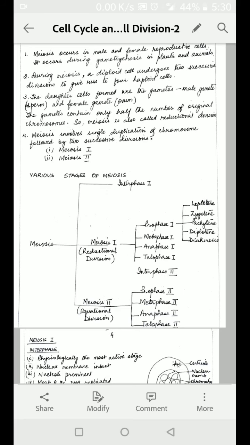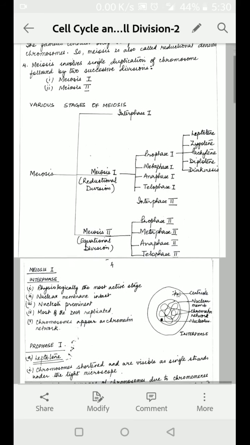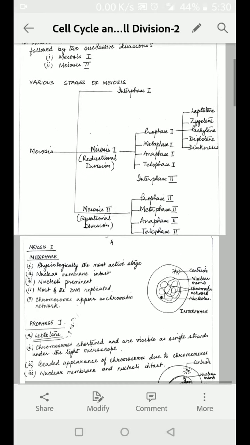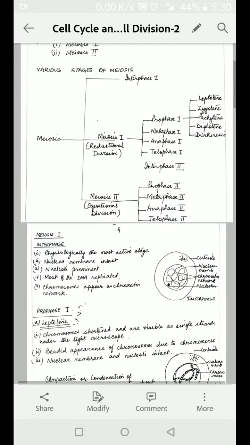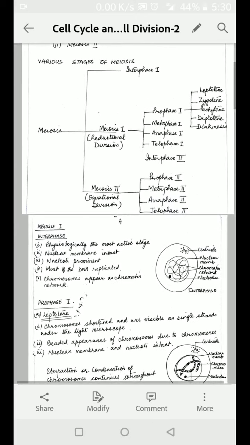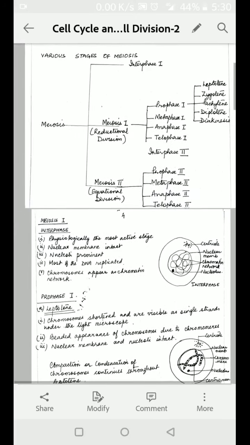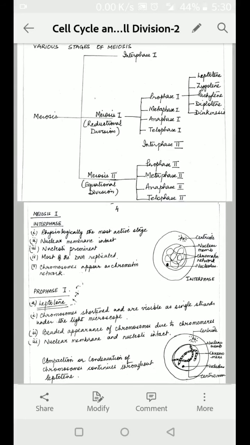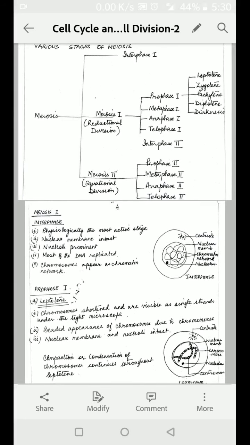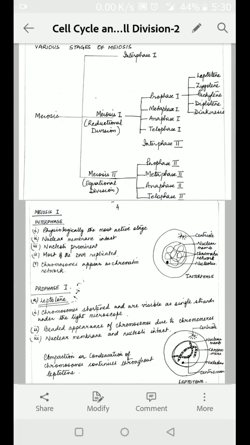Now meiosis 1, it starts with the cell entering in the resting stage or the stage of growth, which is called interphase, because though the cell appears to be resting, it is physiologically the most active stage, interphase.